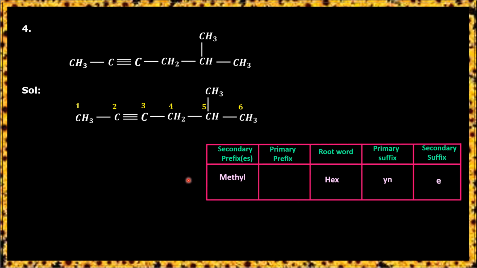And the name of this organic compound is, methyl group is attached to the fifth carbon atom, so 5-methyl hex-2-yne. 5-methyl hex-2-yne. Okay.